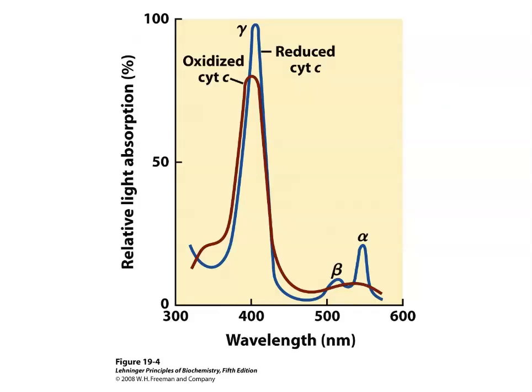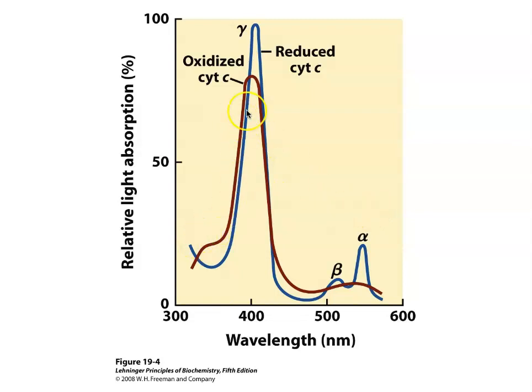All right, this graph shows how the two states of each cytochrome differ by these three peaks known as alpha, beta, and gamma. In this particular case, it's only shown the cytochrome C, but they all have a similar pattern.